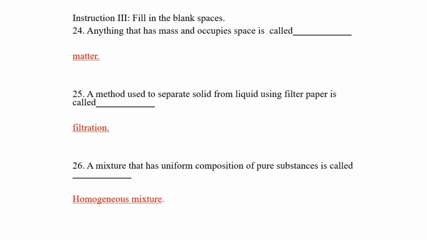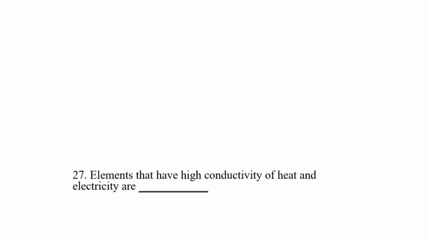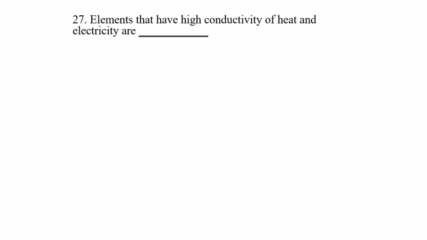Question number 26. A mixture that has uniform composition of pure substance is called blank. It's homogeneous mixture. Question number 27. Elements that have high conductivity of heat and electricity are blank.